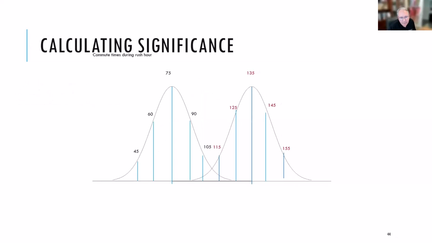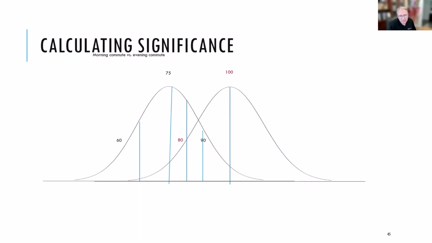All right, now I'm going to compare during rush hour. On the left is my non-rush hour time. On the right is my rush hour time. And you can see there's very little overlap between those two curves. So in this case, I would be rejecting the null hypothesis.